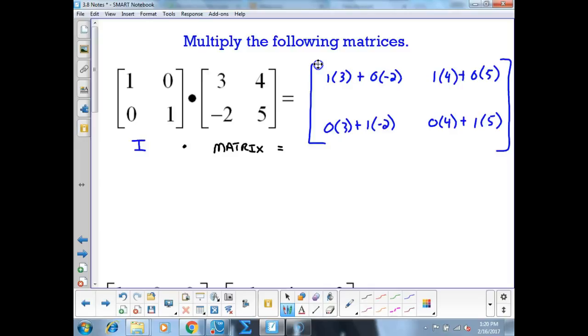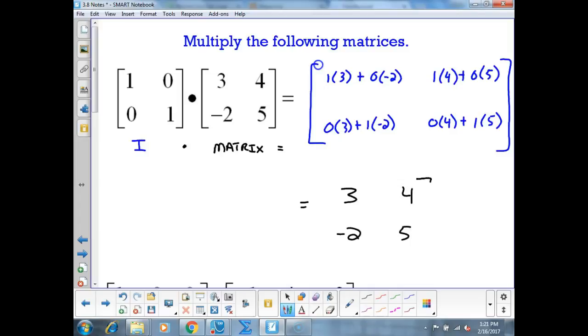That should get me 3 plus 0 is 3. 4 plus 0 is 4. 0 plus negative 2 is negative 2. 0 plus 5 is 5. And those two then are the same.